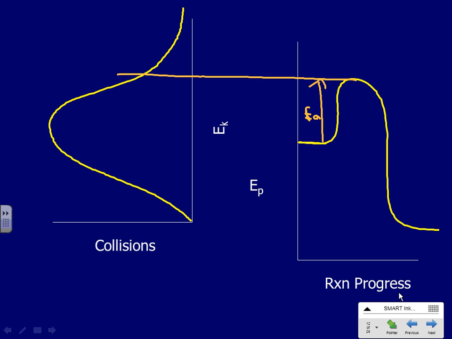What's going to be true of all those particles up there? It's going to be true, Sarah. They successfully made it over the hill. They completed the reaction. If their orientation is correct, they will successfully react because all of the particles up here have enough EK to react.